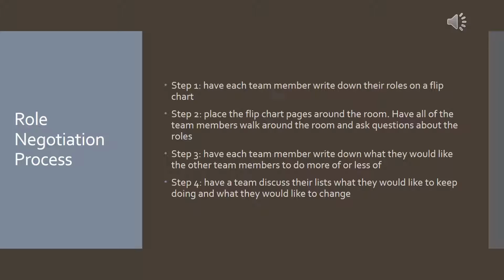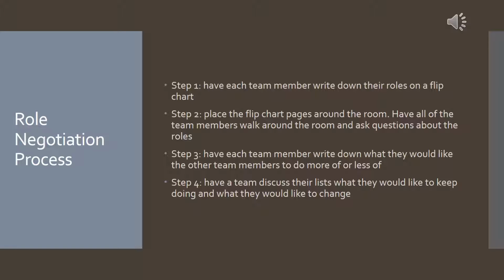To begin the role negotiation process, you will hand each team member a flip chart paper, and on that flip chart paper, they're going to start by writing down what their tasks will be or what their job involves. Then they're going to place the flip charts around the room, whichever room you've selected.